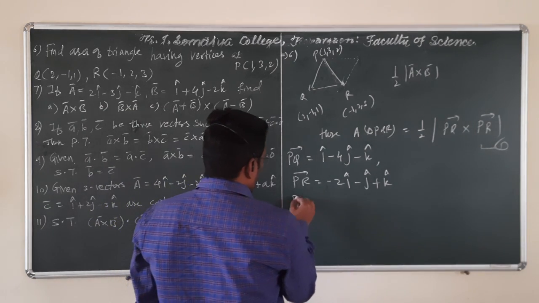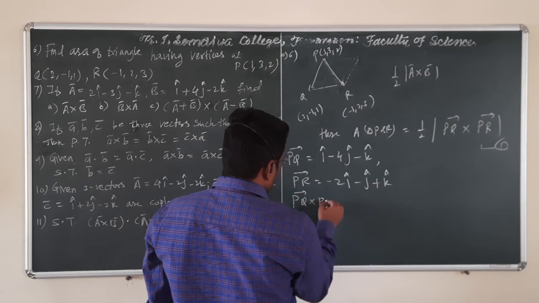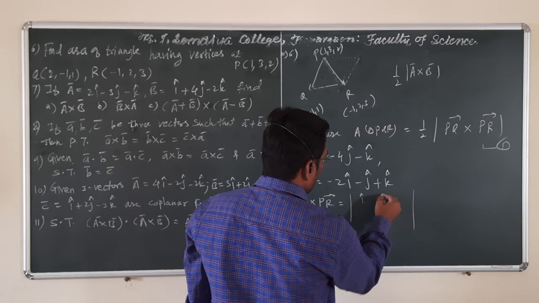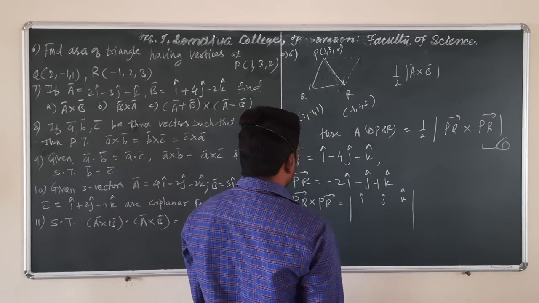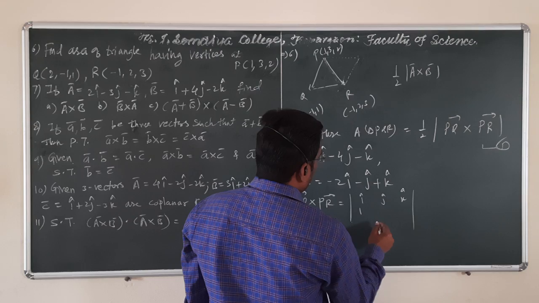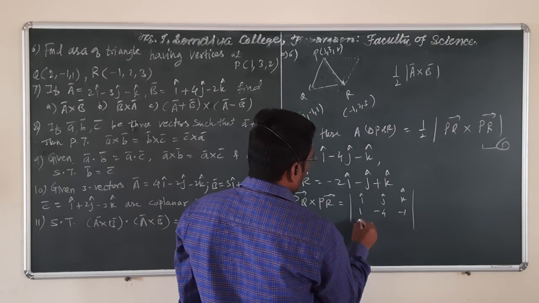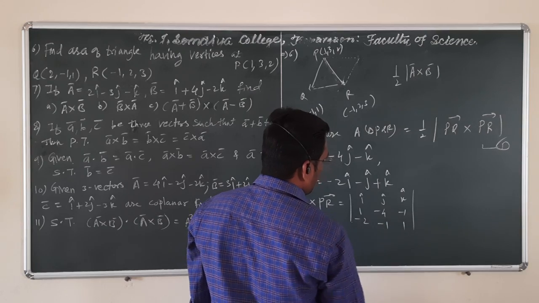Now vector PQ crossed with vector PR is equal to the determinant with rows i, j, k; vector PQ: 1, -4, -1; and vector PR: -2, -1, 1.